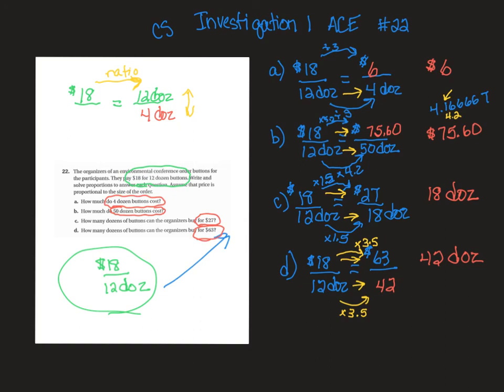Still, in finding this answer, I could do that. I didn't do that because it's harder for me to think, what do I multiply 12 by to get 18? I could do it different ways, but I would still get that same answer of $6. It still would be the same.